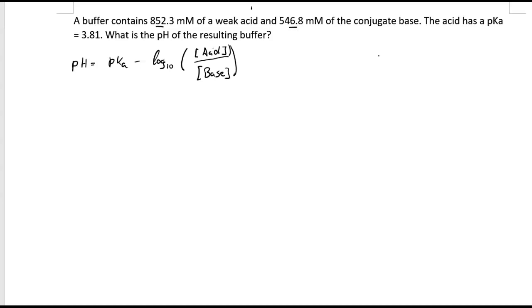And in the case that acid concentration equals the base concentration, in this particular case, if that is the same, the ratio would be 1. And we can calculate log 10 of 1, that would be 0. So if we have this case, pH equals pKa.